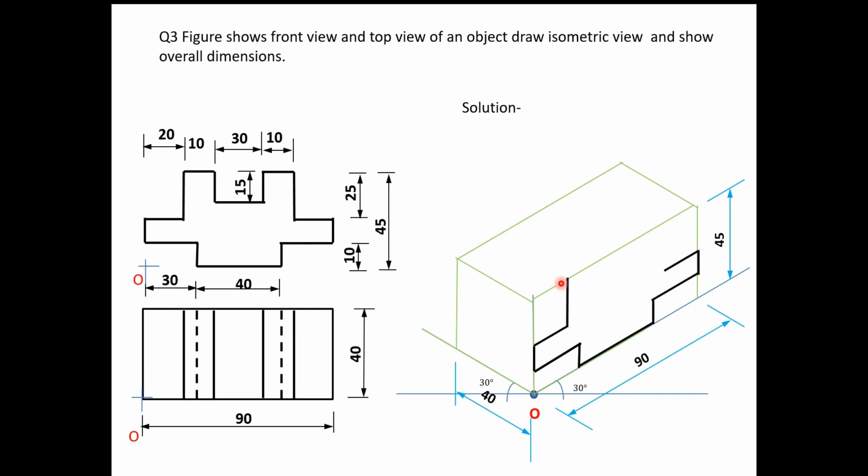This is 25 mm, then again this is 10 mm. This is horizontal, parallel to this axis. Again 15, then this is horizontal, this is 15, and this. So this is the front view; you can see the front view is completed.